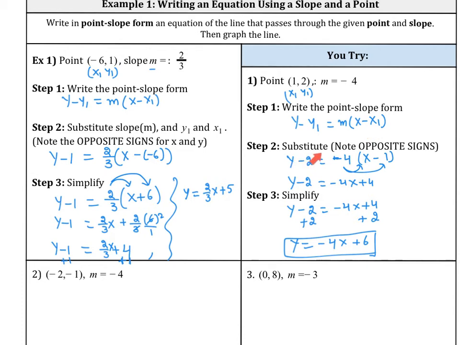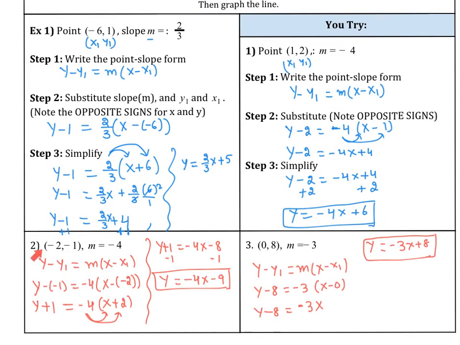You're going to substitute x1, y1 as 1, 2, and m is negative 4. Distribute the negative 4 inside, you're going to get negative 4x plus 4. Add 2 on both sides, you're going to get negative 4x plus 6. Remember, when you add the number, you have to take care that you only combine with the like term.